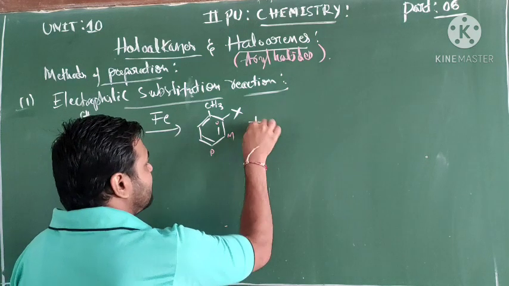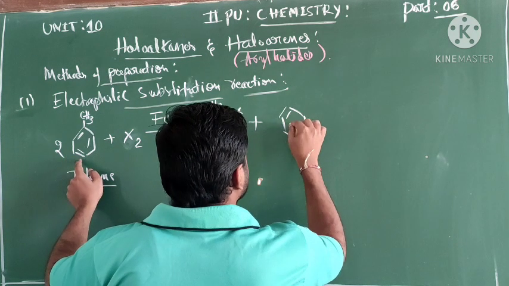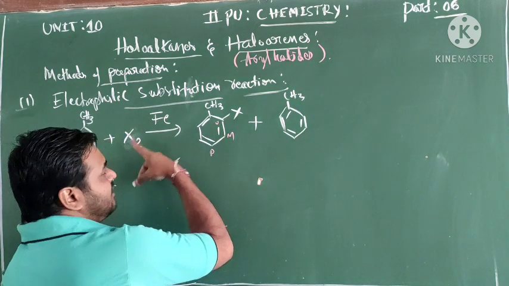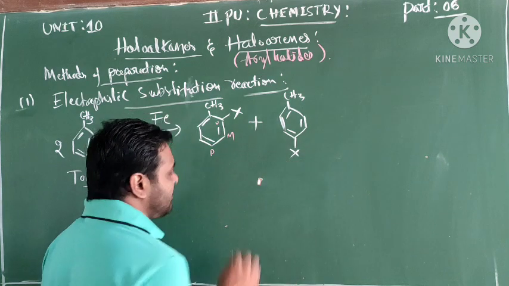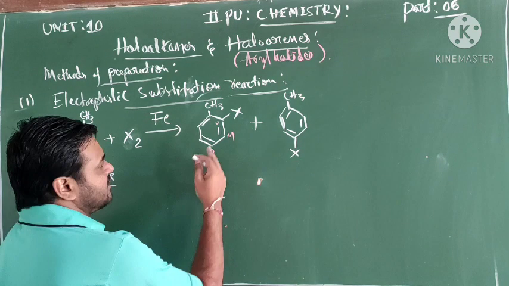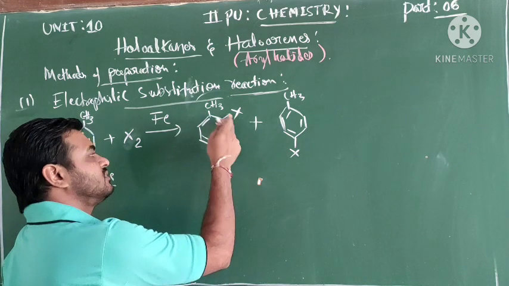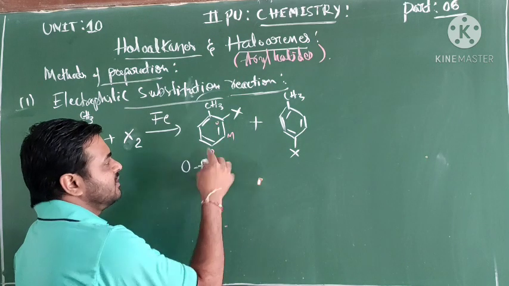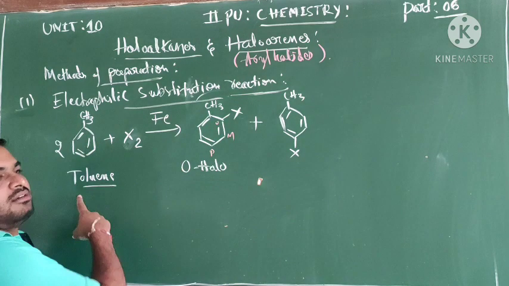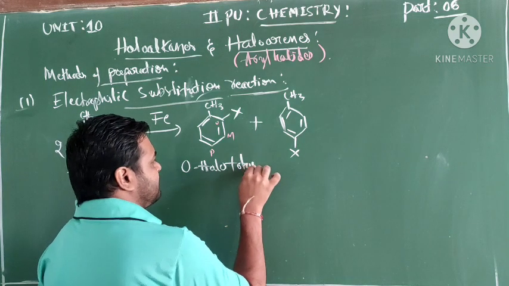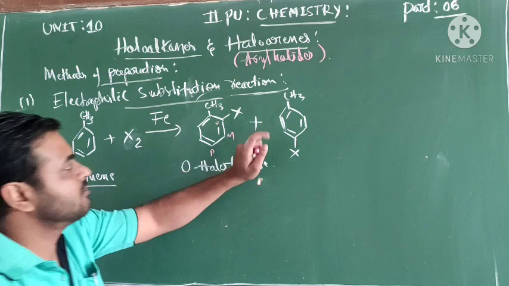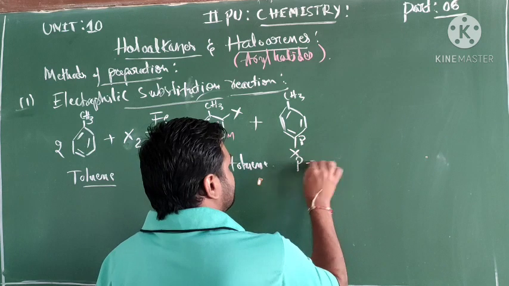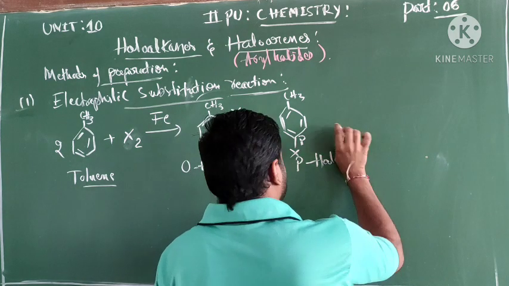In the other molecule, the halogen atom is at the para position. So the first is ortho haloToluene, the 1,2 position, and this one is para halotoluene.